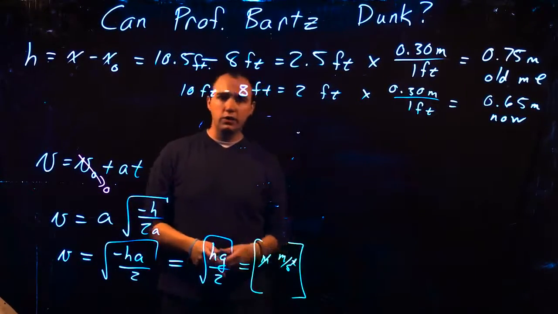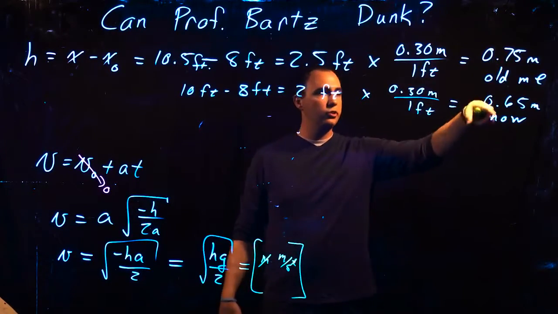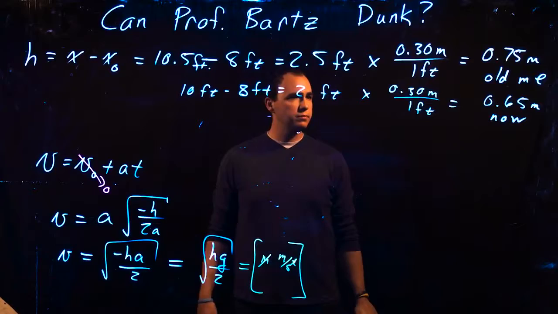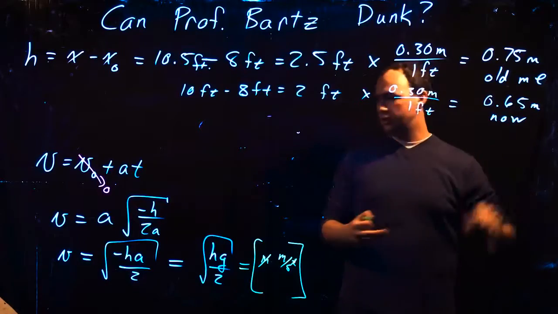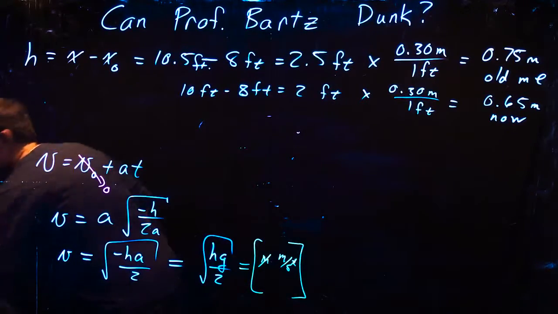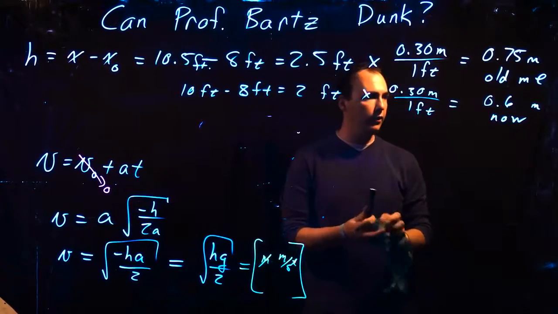All right, so here I can calculate my velocity for these two different heights, what I used to be able to do and what I can do now. Just realized I made an error there. That shouldn't be 0.65, that should be 0.60. That's an arithmetic error.